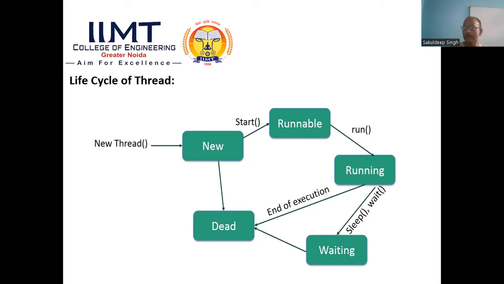In this state, the thread can enter either the dead state or the waiting state. If it is in the waiting state, then after waiting it can reach the dead state. Running can also reach the dead state. This is the pictorial representation of the thread life cycle.